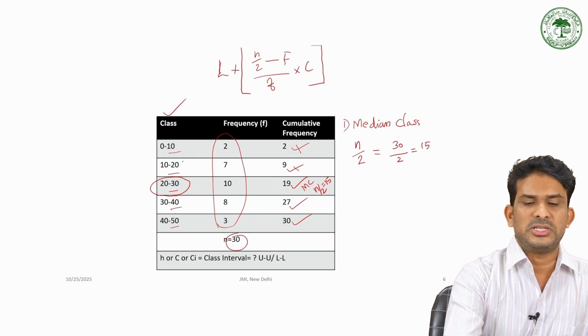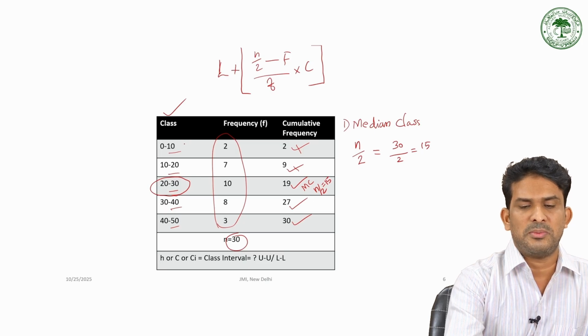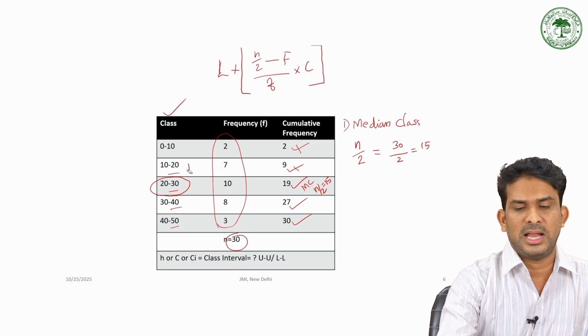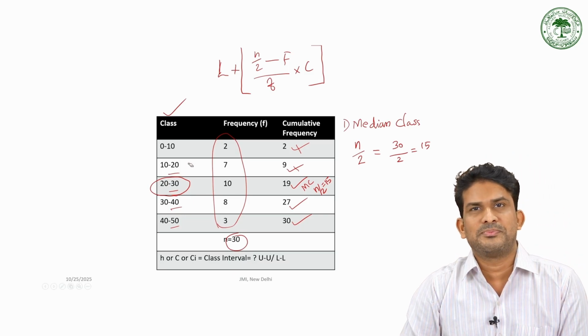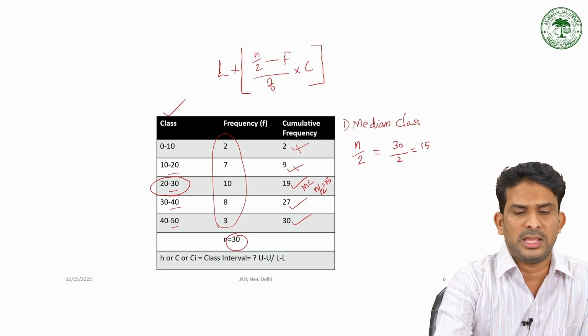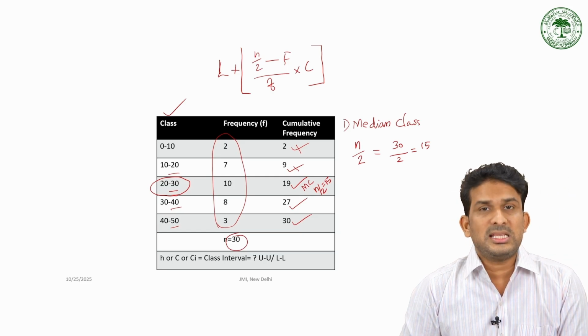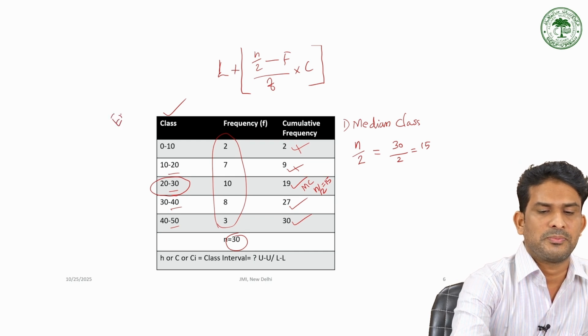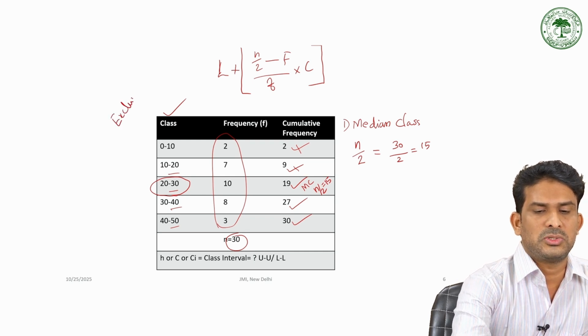Suppose when you are entering a value 10, 10 will not be recorded as a tally in the first class, but we record 10 in the next class, because 10 comes as a lower limit. This is 0 to 10, again we repeat 10, 10 to 20, again we repeat 20. This kind of class is known as exclusive distribution.